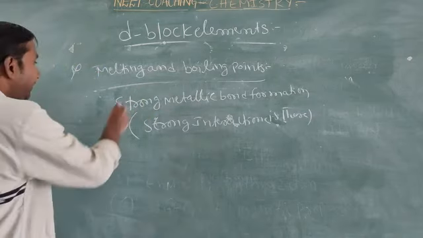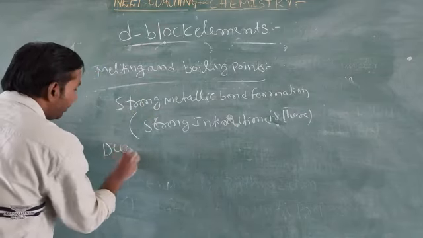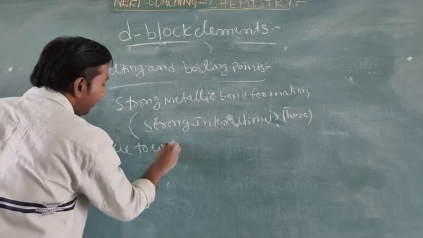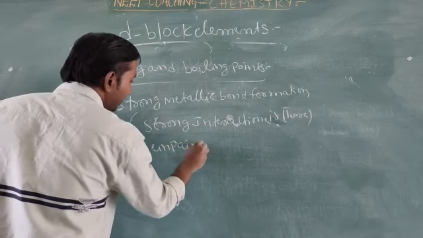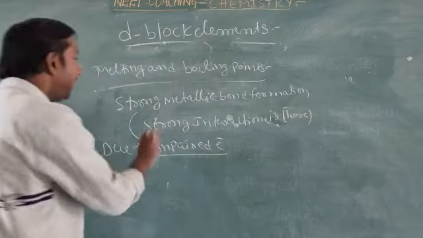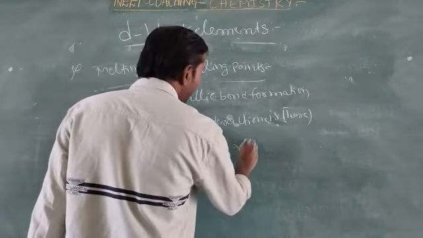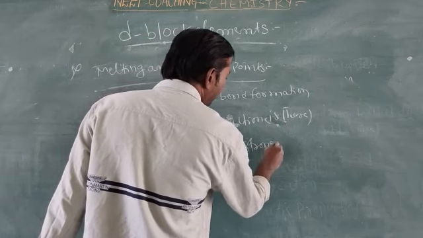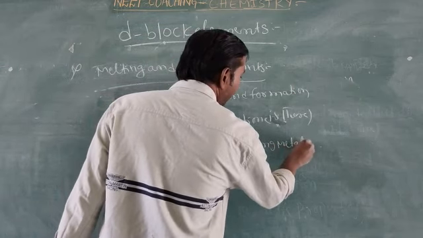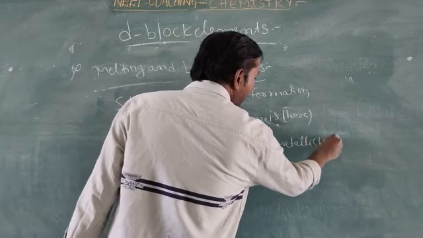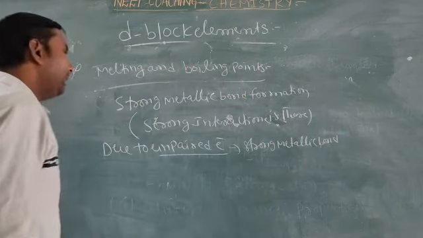So what is the reason? Due to unpaired electrons, d block elements form strong metallic bonds.